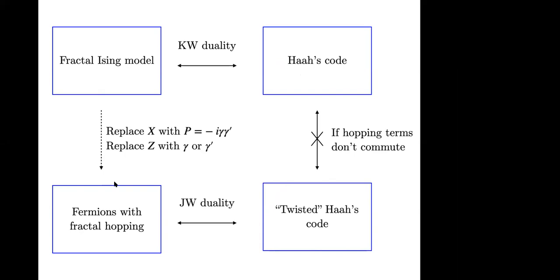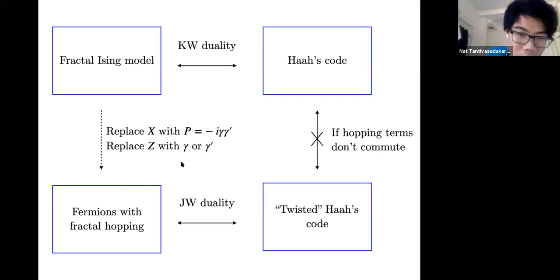Can I ask a question? Maybe I missed it, but you replace the Z's with one of the 2 Majoranas. So you have to make a choice there, I guess, which side of that link you're going to put it on? Yes.